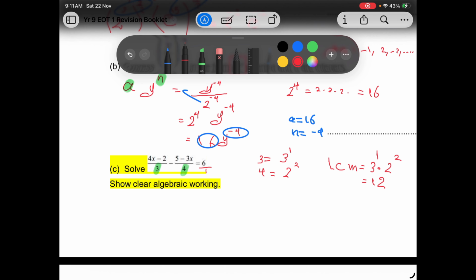And just to make it clear for you, what is the least common multiple? This is super important, guys.